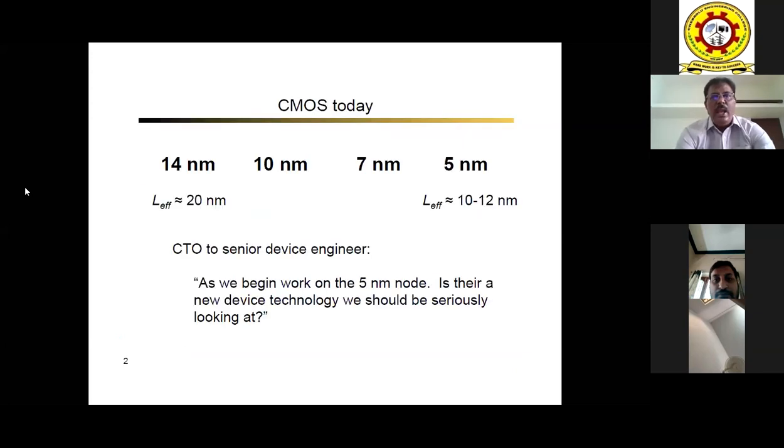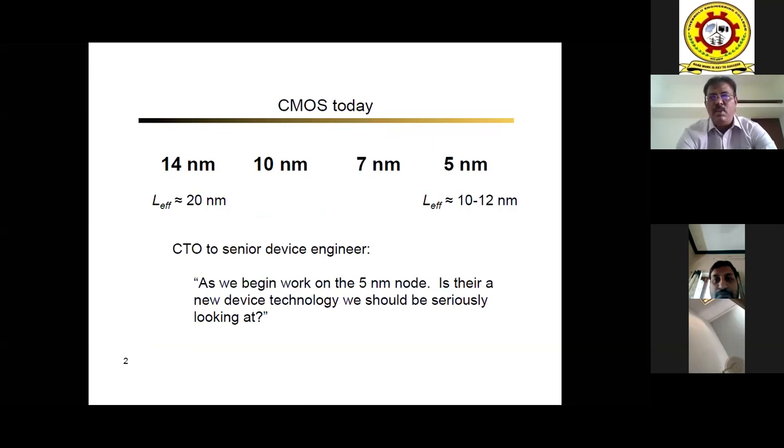Well, where is the CMOS today as such? Right now, we have a 14 nanometer commercially available technology node, and we are moving down towards 10 nanometers, 7 nanometers, and then 5 nanometers, which two companies have already successfully implemented.